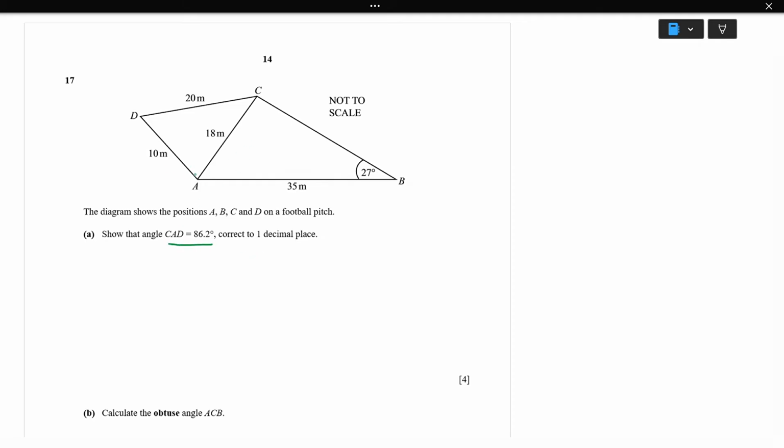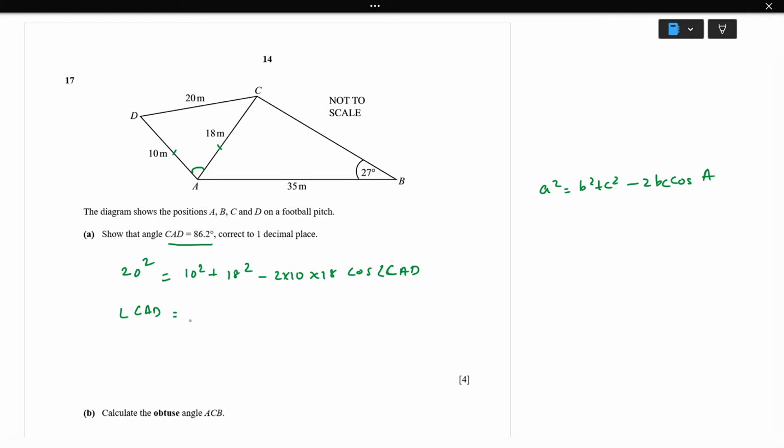Because two sides are given, we can use the cosine rule: a square equals b square plus c square minus 2bc cos A. So 20 square equals 10 square plus 18 square minus 2 times 10 times 18 into cos of angle CAD.